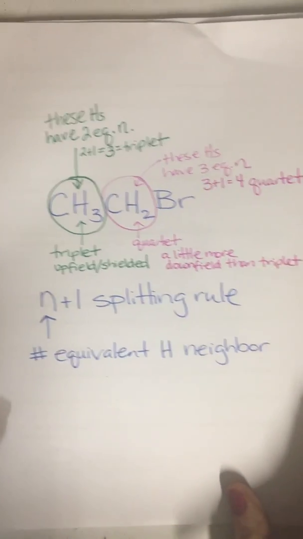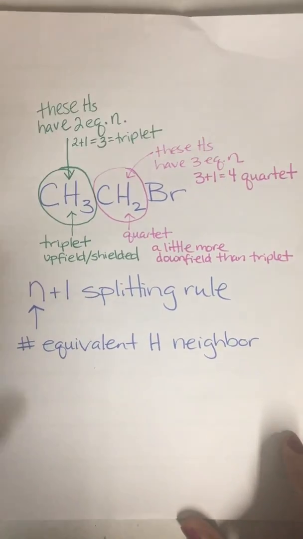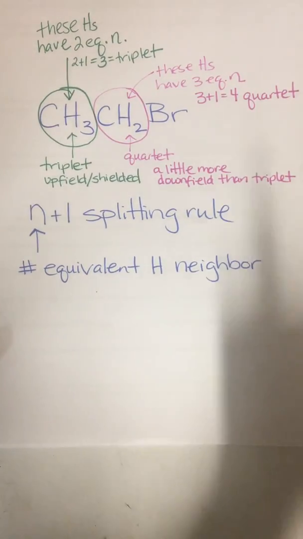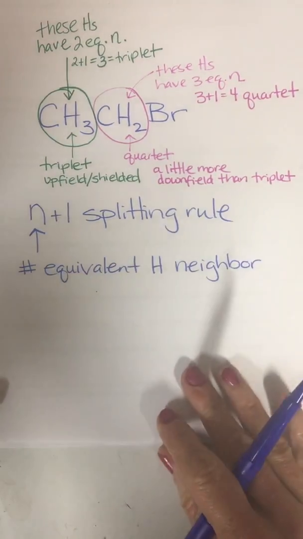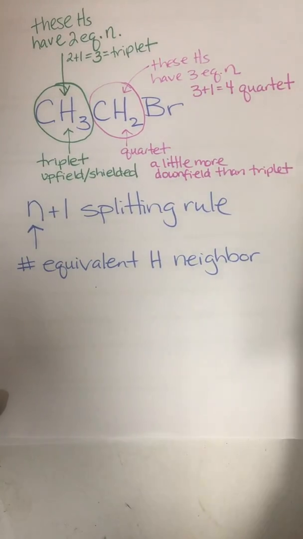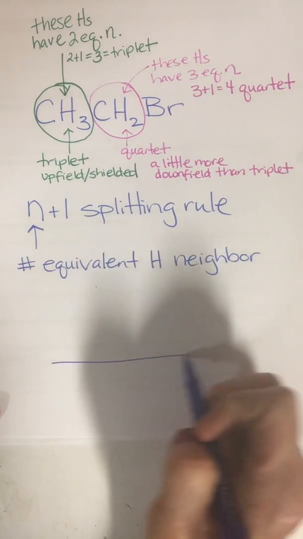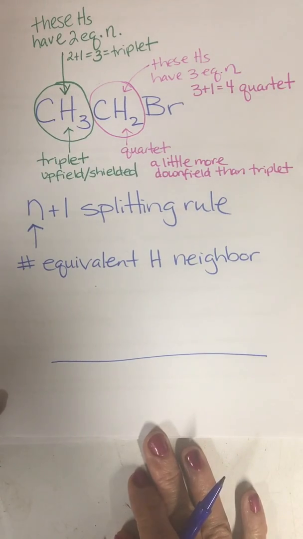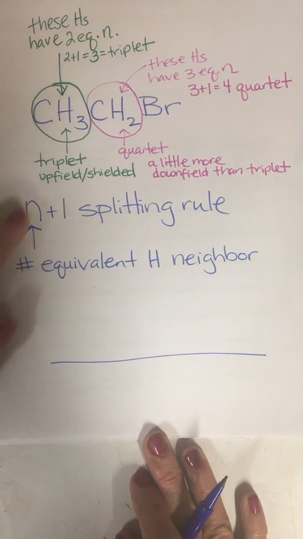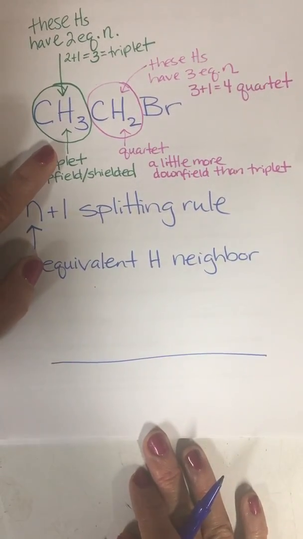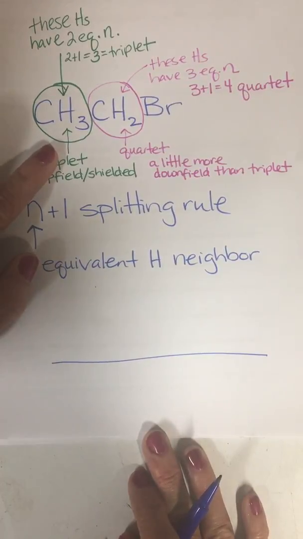So what does a quartet and a triplet look like? If we were to draw a little NMR spectrum right here, we would have upfield that alkyl region, anywhere from 0.75 parts per million to 1.5 parts per million, right around 1 part per million.